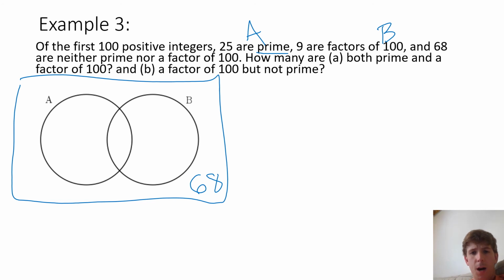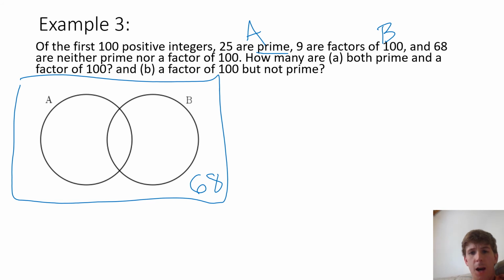But I can't fill in these sections yet. I can't write 25 here because that is the total number of prime. We don't know how many are in both yet, so we need to figure that out first before I can start putting that in for A.